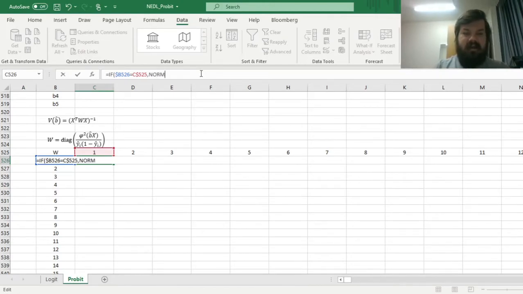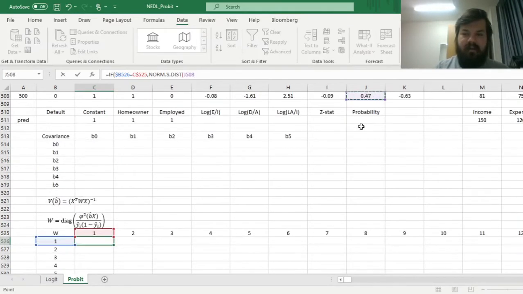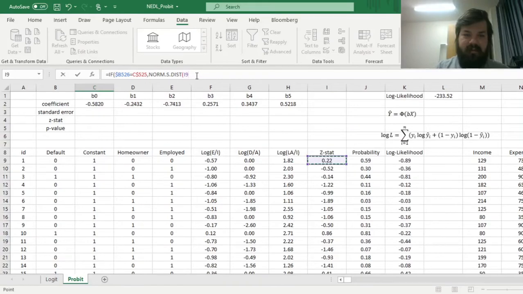So let's input the standard normal distribution function over our z-stat over here, locking the column here as we don't want it to change as we drag it across and down, and input 0 over here as we want the probability density function and not the cumulative probability function here, square it, and then divide by the product of probability that we have estimated times 1 minus estimated probability. Columns locked throughout.